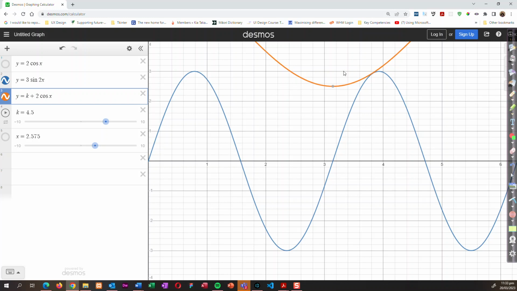That's when the gradients of the two graphs were equal. And the other one that I'm going to include in our answer is this one down here where the gradients were equal as well. This is around about 5.6 roughly. So let's go back to our working here.